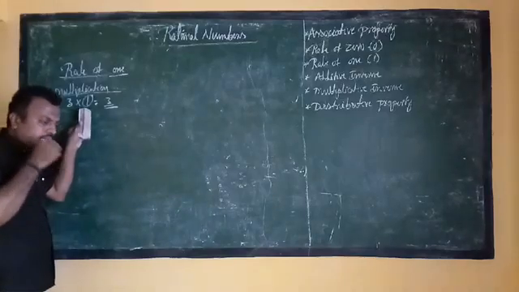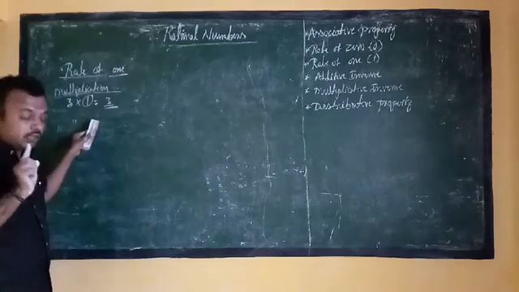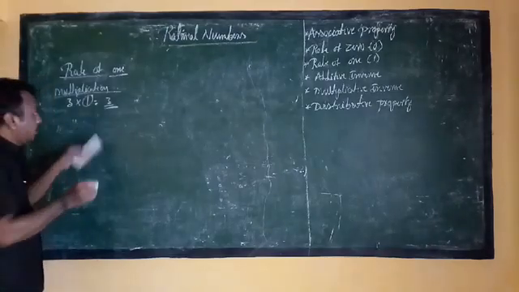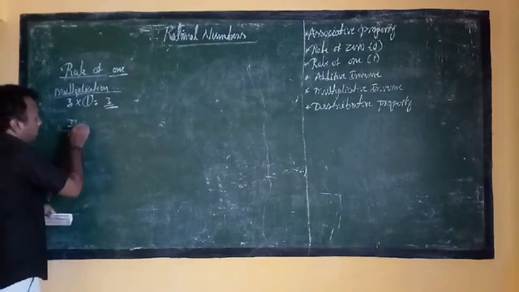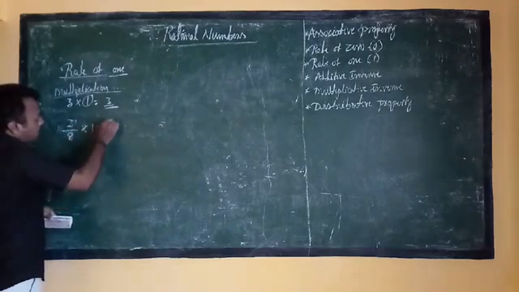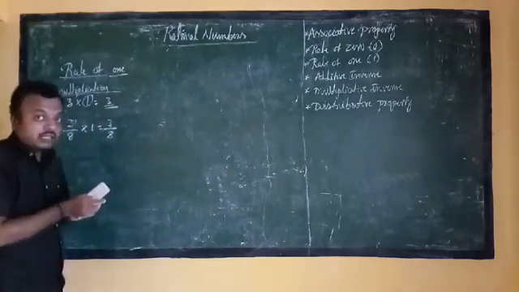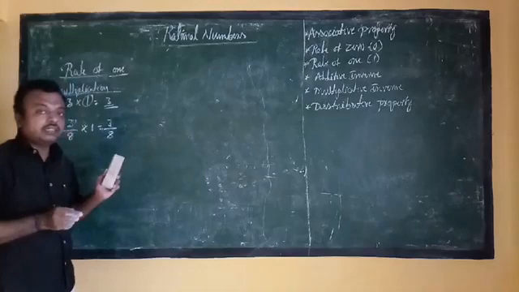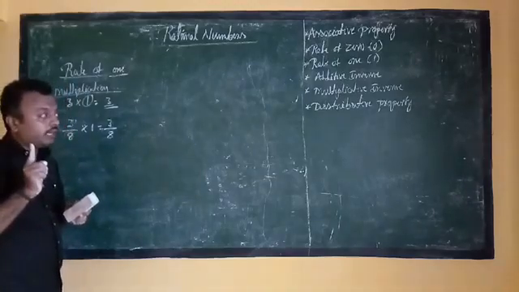If you take any rational number and multiply with 1, the result remains itself. 3 by 8 into 1 is nothing but 3 by 8. Therefore, 1 is the multiplicative identity, 0 is the additive identity.